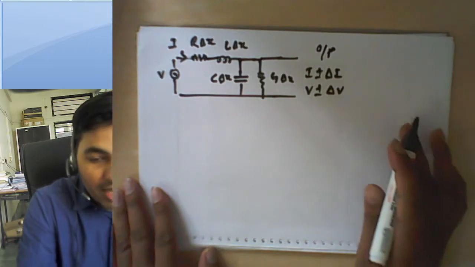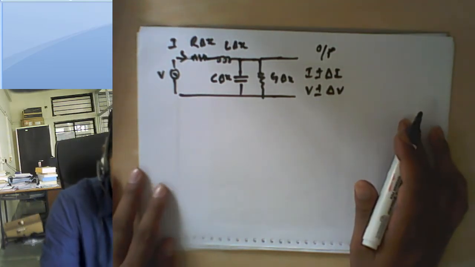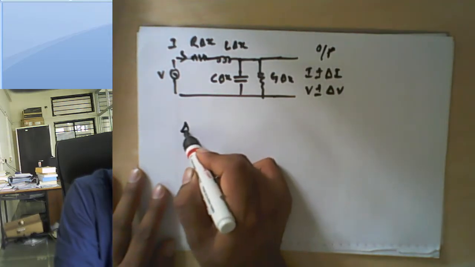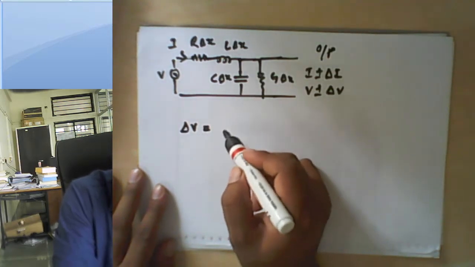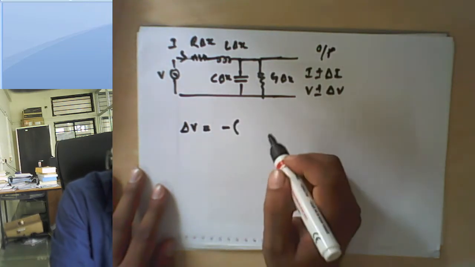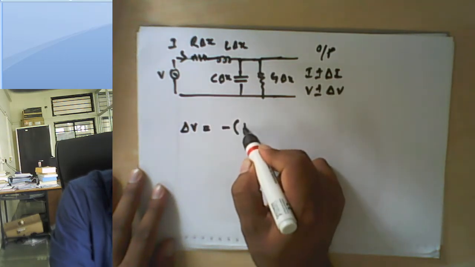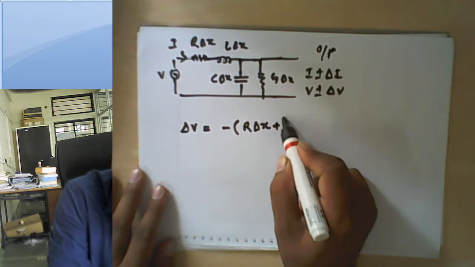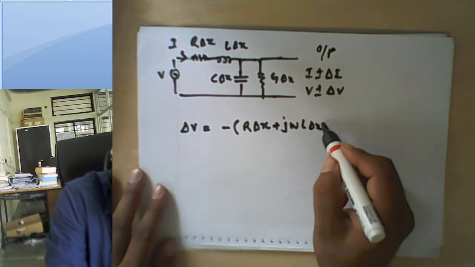So we'll write the voltage and current equations. The change in voltage at the output, this voltage drop delta V, will be equal to minus, the sign is minus because it is a voltage drop or current drop. So the voltage drop will be minus (R delta x plus j omega L delta x).